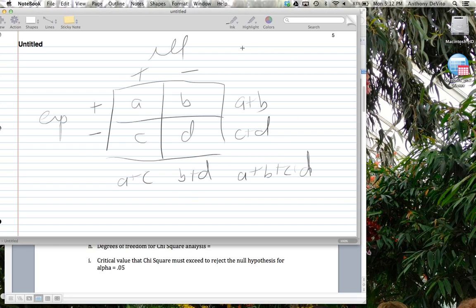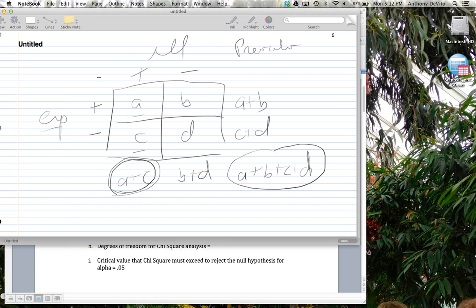Okay, so now let's take a look at prevalence. What's the prevalence of disease in this population of people that are presumably randomly sampled? Well, the prevalence of disease is the total number of people that got the disease over the total number of people in that sample. This is the number of people that got the disease. Some of them were exposed, some of them were not exposed.